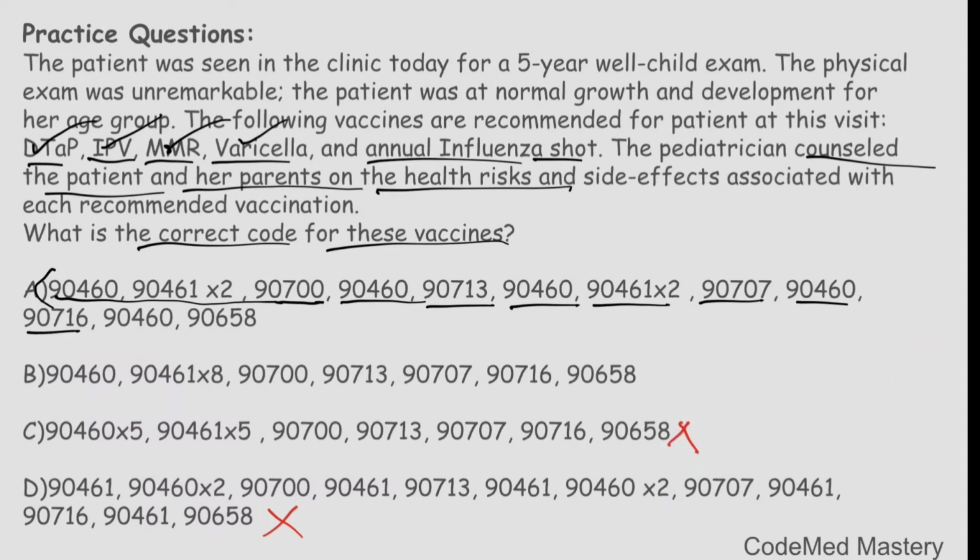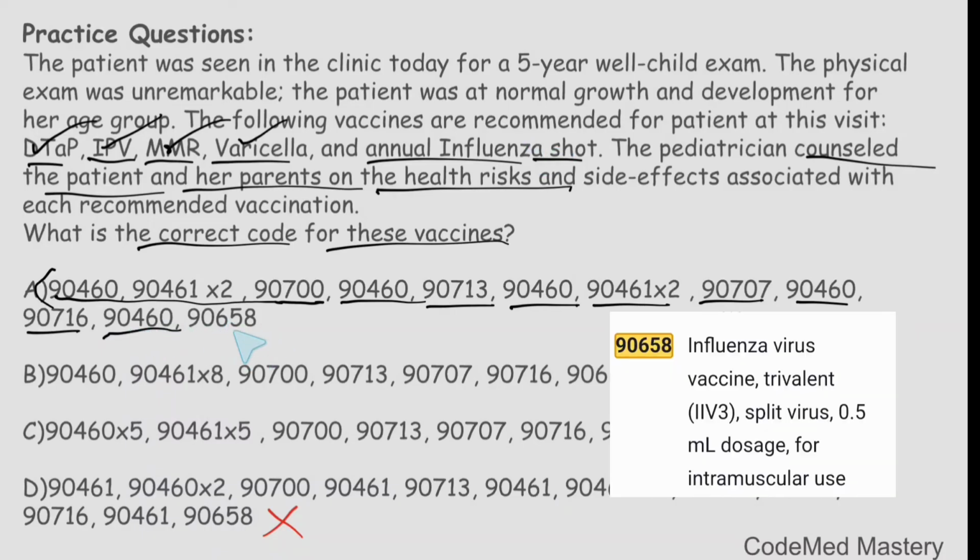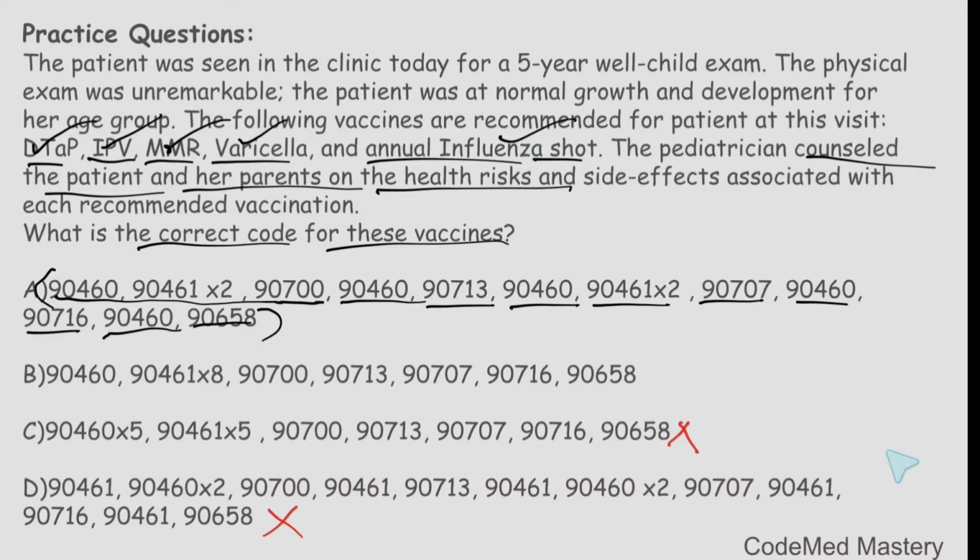Then again they coded 90460, which is for the vaccine annual influenza shot. So that is 90460 for the one component, and 90658 is for the influenza vaccine. So all these codes are correct.